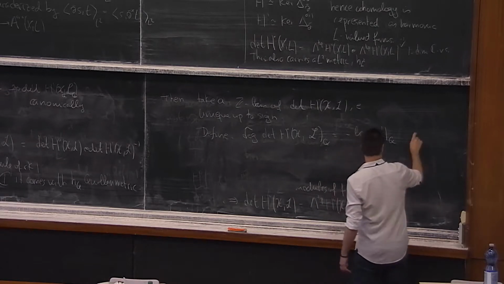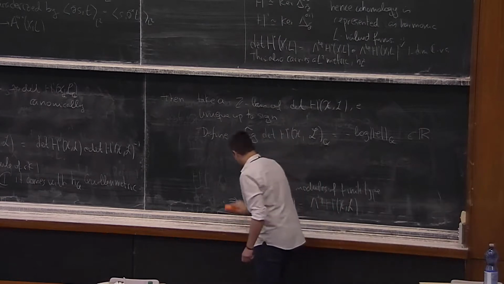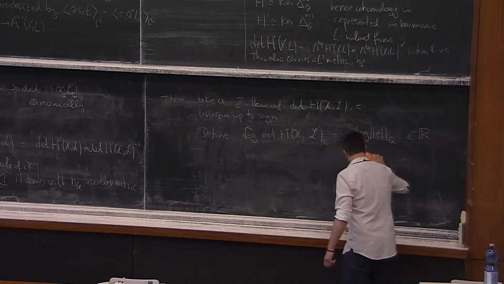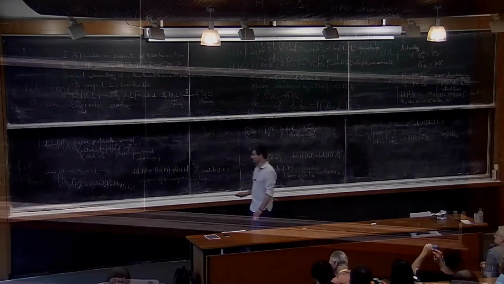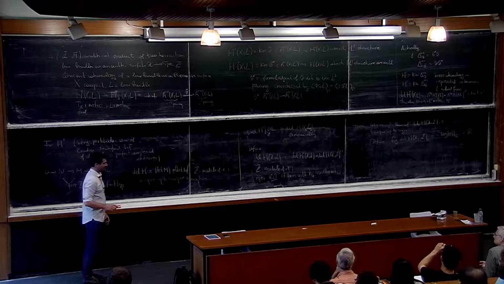So this is a real number. Okay, so this settles the cohomological part of the arithmetic Riemann-Roch theorem. And I would like now to state the theorem.